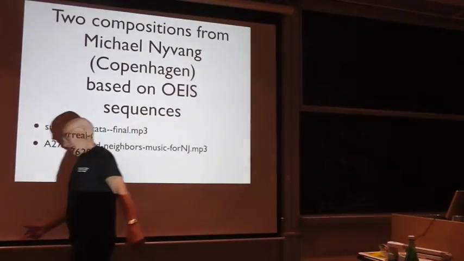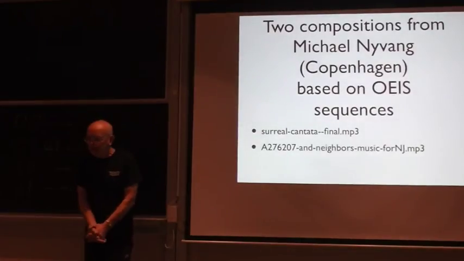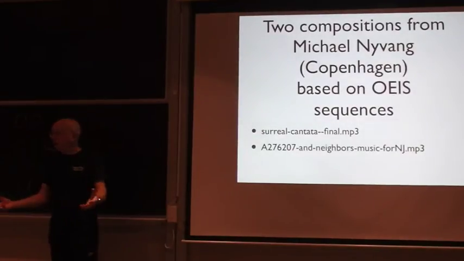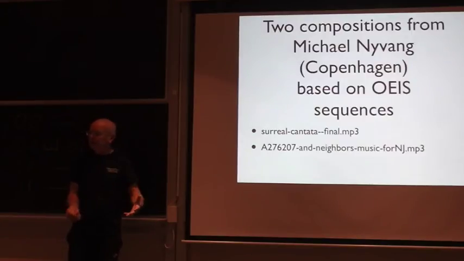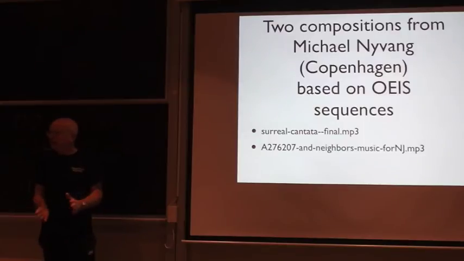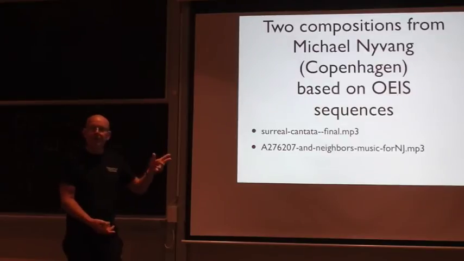So Michael Nivon is a musician in Copenhagen, and he offered to help with the OEIS. And I said, we have lots of illustrations, figures illustrating sequences, but we have very few musical pieces based on sequences. So he sent in 2 pieces.